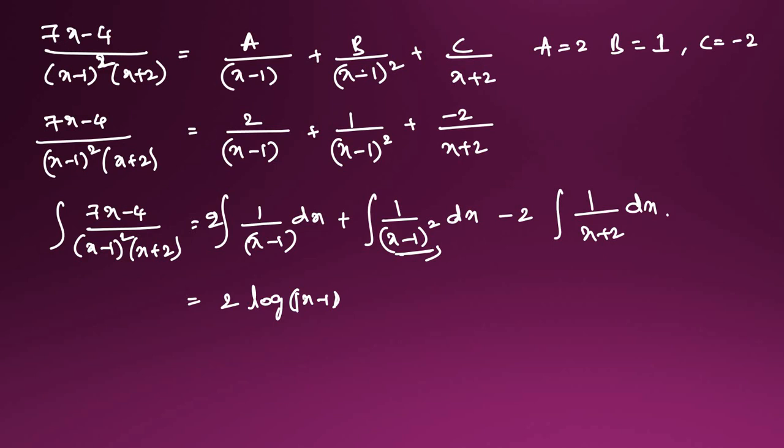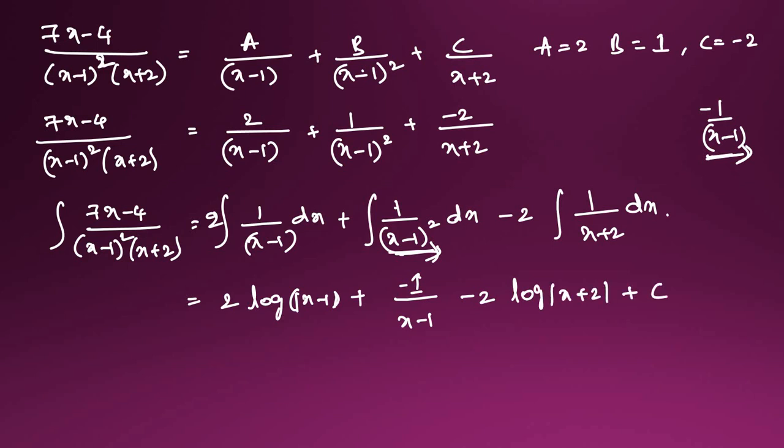It will become minus 1 by x minus 1, by the derivative integration, the value will come minus 1 divided by x minus 1. Here minus 2 into integral of 1 by x plus 2 will become log of x plus 2 plus c.